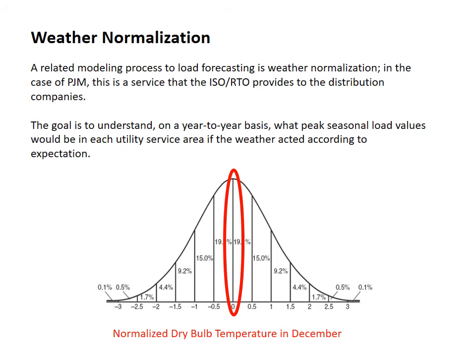You're trying to figure out for each individual system component what the normal electricity demand would be in an average weather year. And so you have to work backwards.